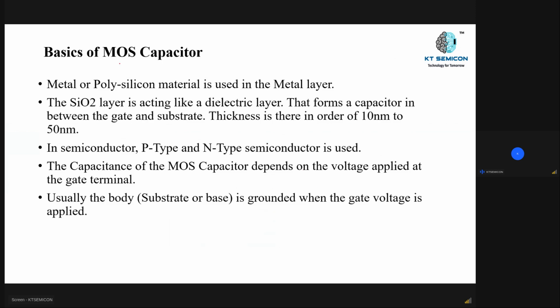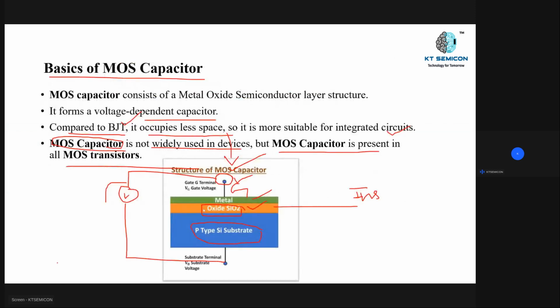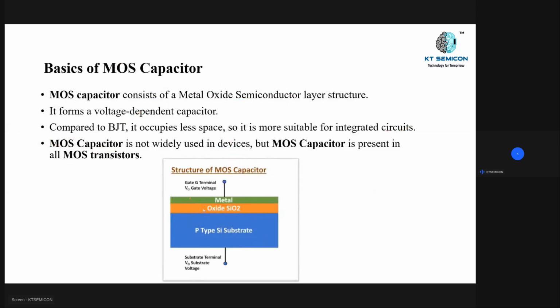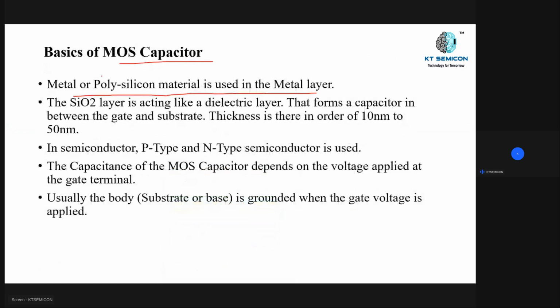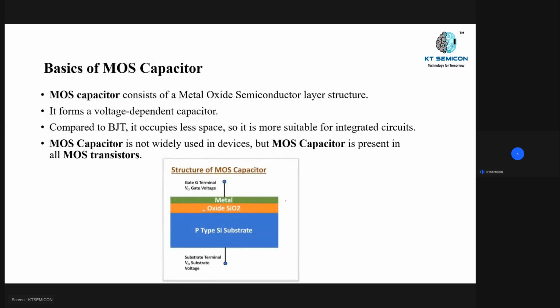Some basic things of the MOS capacitor: metal or polysilicon material is used in the metal layer. Here this is my first layer, the metal layer, to which we connect the gate.